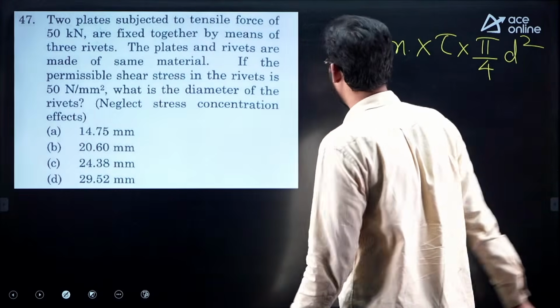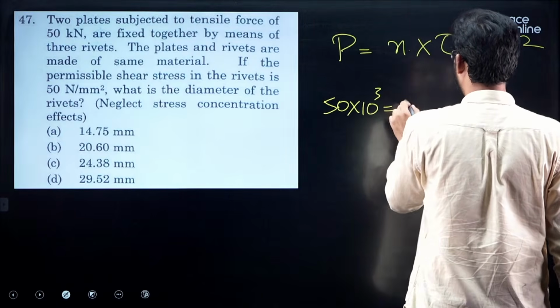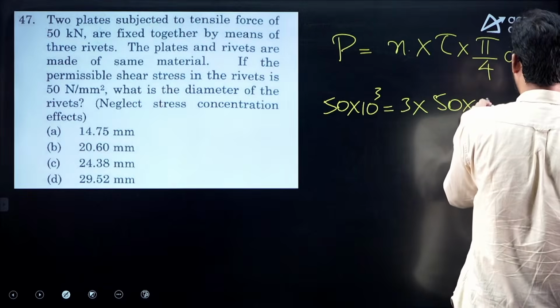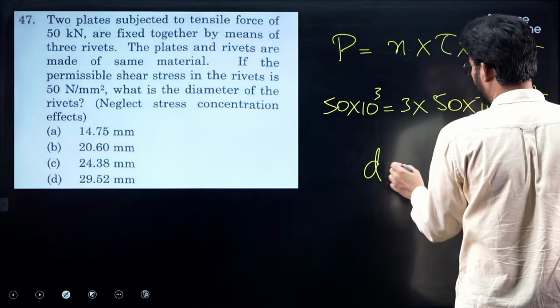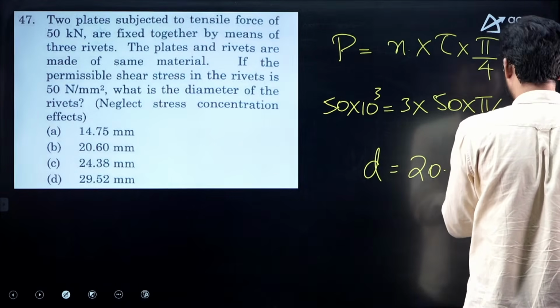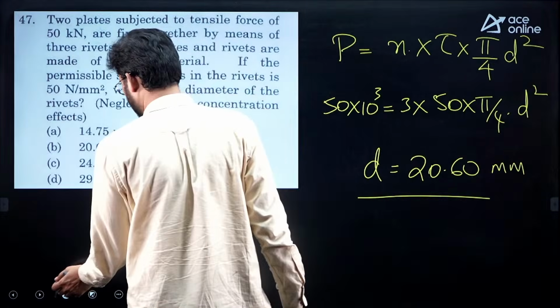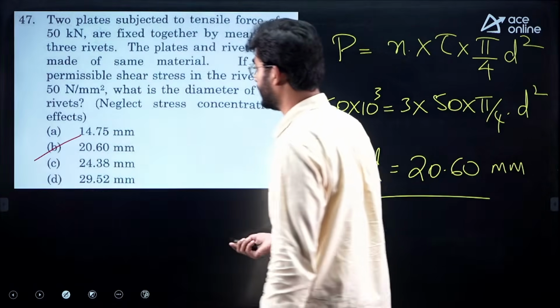So the force applied is 50 into 10 power 3, number of rivets is 3 and shear stress is 50 into pi by 4 times d square. Okay, so once we solve for d, the value of d will be 20.60 mm. That's option B is the answer.